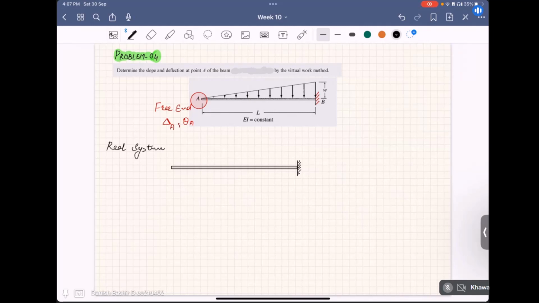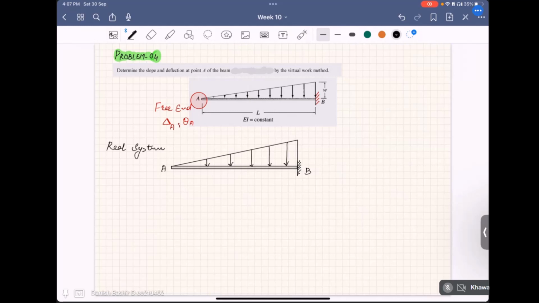There is a triangular load like this. This is side A, this is side B.